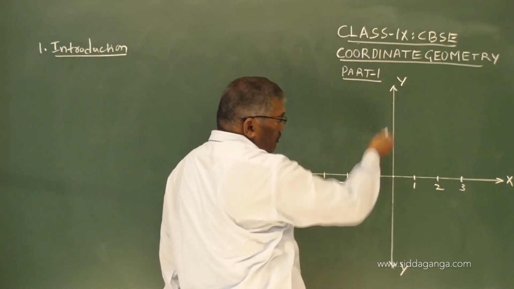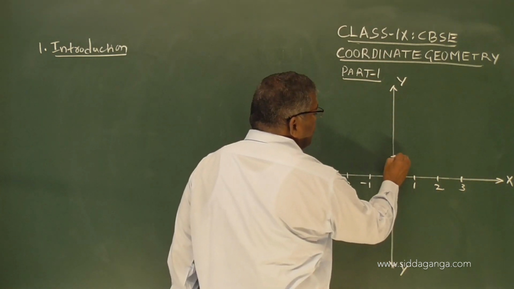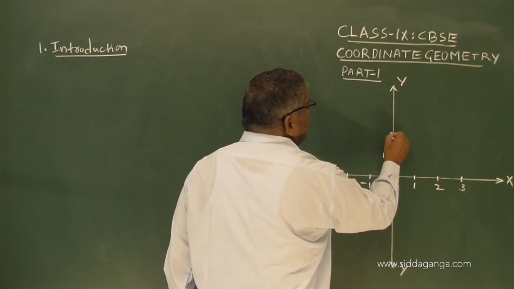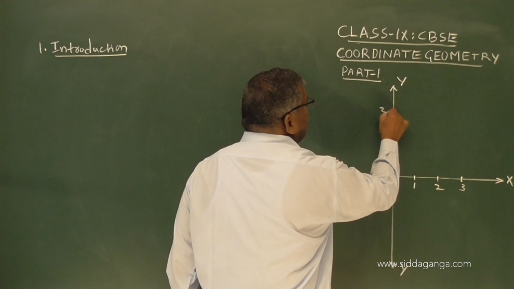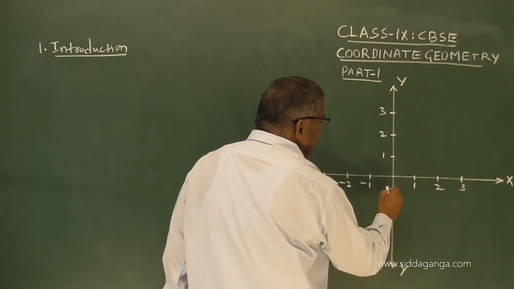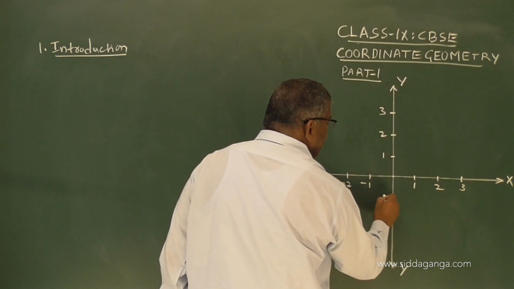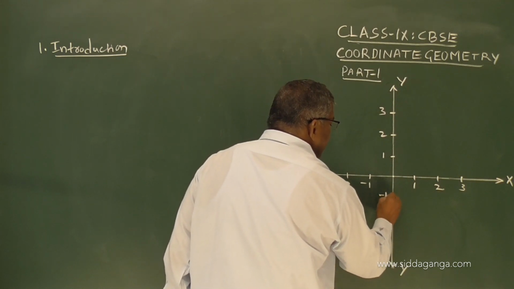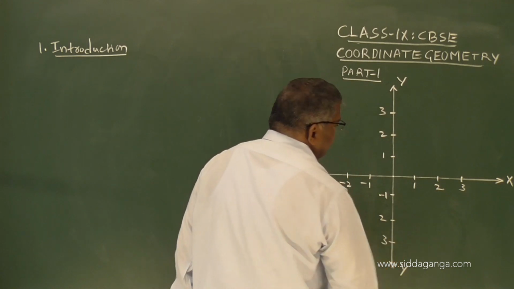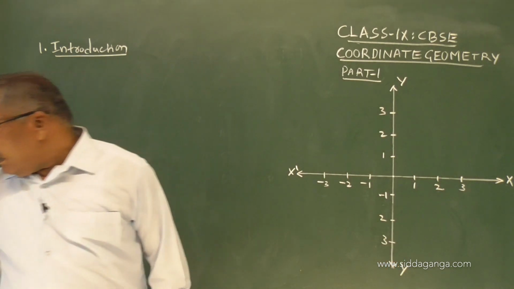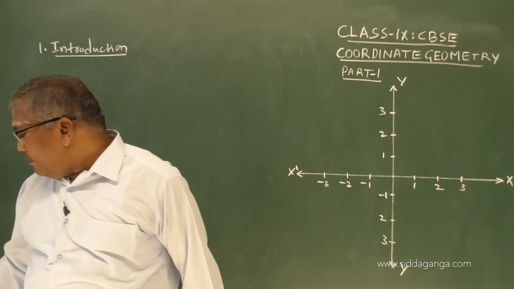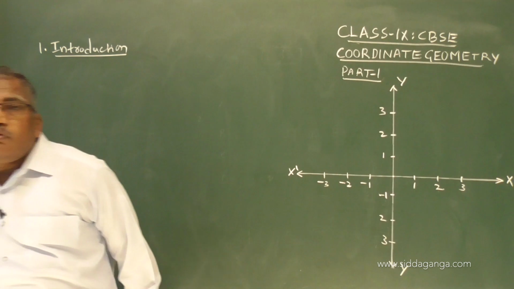And this is a vertical line. In this, the upward direction is positive. We call it 1, 2, 3, and along the vertical line, we call it again -1, -2, -3. So here we have to understand some new terms.